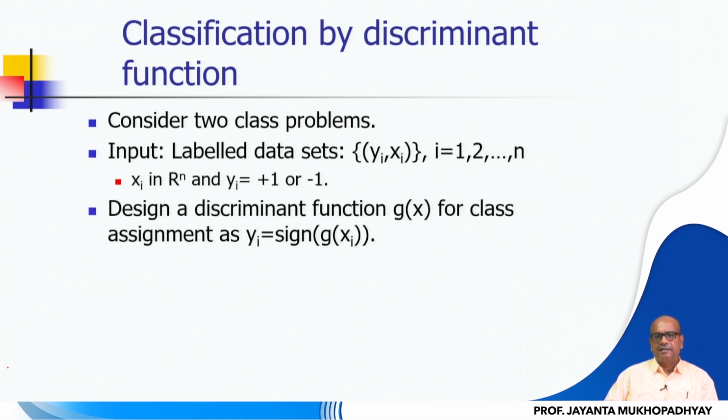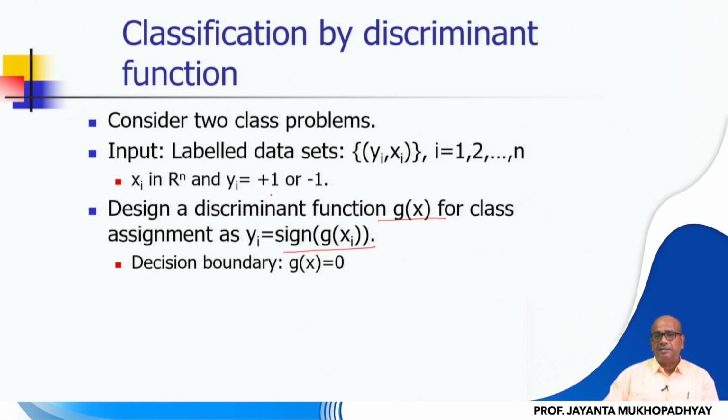So xi is in the n-dimensional feature space, and yi is in {+1, -1}, and we design a discriminant function g(x) for class assignment. This is the non-linearity, sign of g(x). You have to design g(x) such that its sign will give you either +1 or -1. This is the function you want to design.